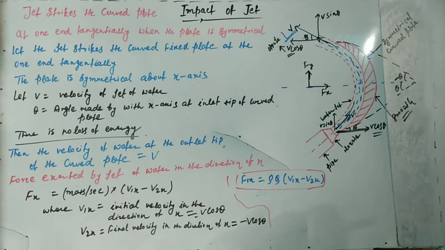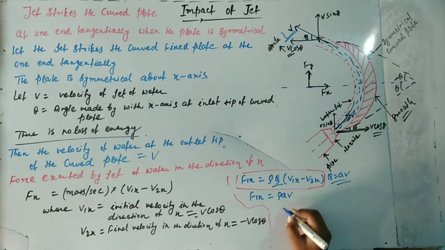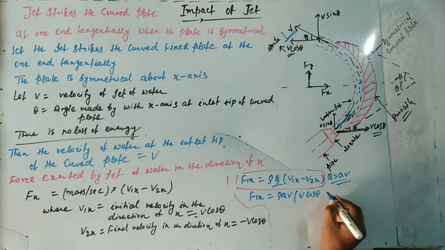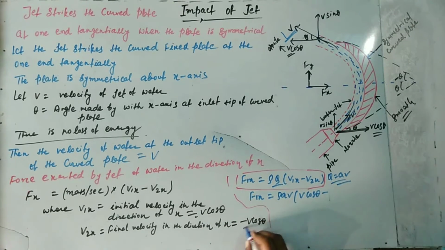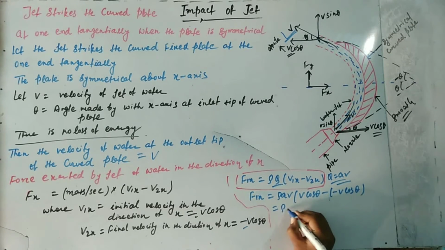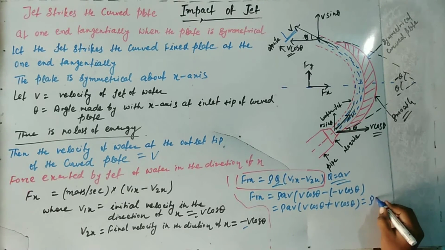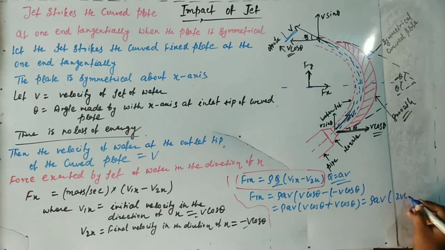where rho equals to density of fluid and q equals to discharge, that is flow rate. So Fx equals to rho av into v1x minus v2x. So put the value of v1x minus v2x is equals to v cos theta minus minus v cos theta. Therefore Fx equals to rho av into v cos theta plus v cos theta is equals to rho av into 2v cos theta.